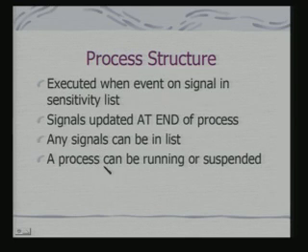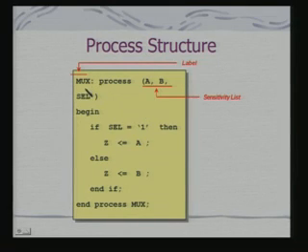The process structure is executed when an event on a signal in the sensitivity list occurs, and signals are updated at the end of the process. Any signals can be in the list, and the process can be running or suspended depending on the case. So, if you look here, this is a process structure, and this marks a label.